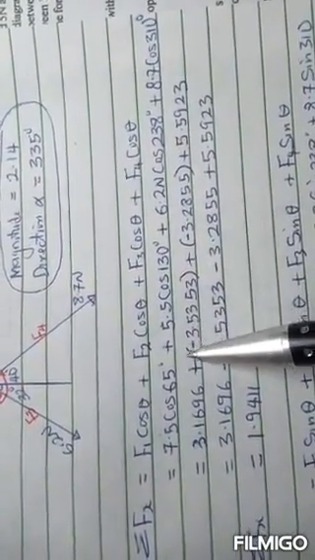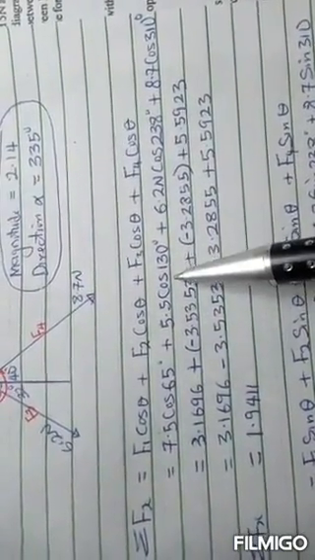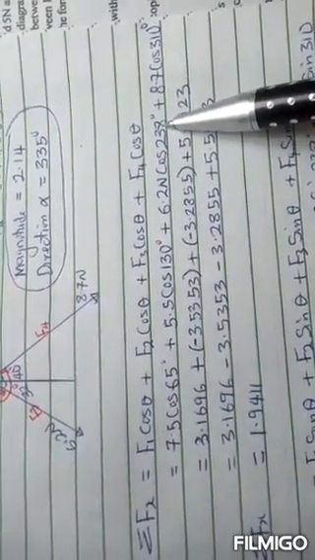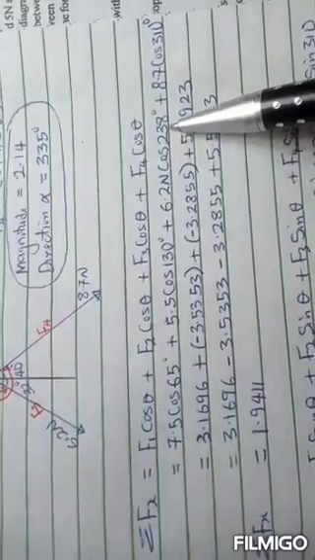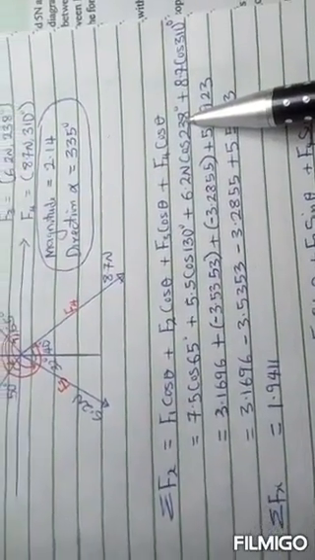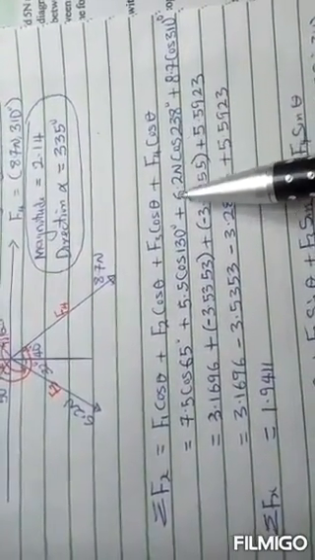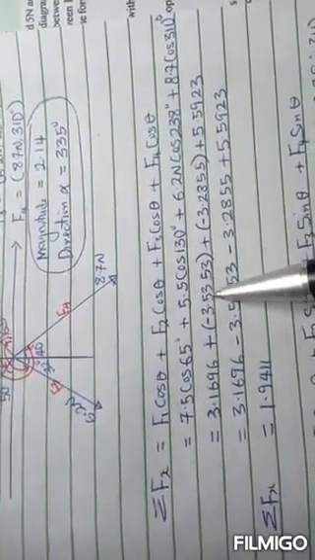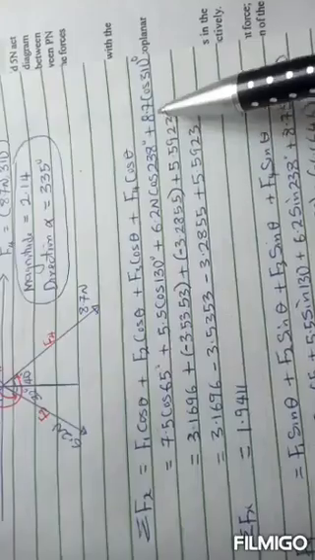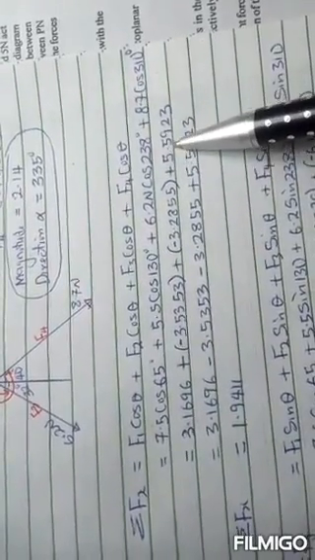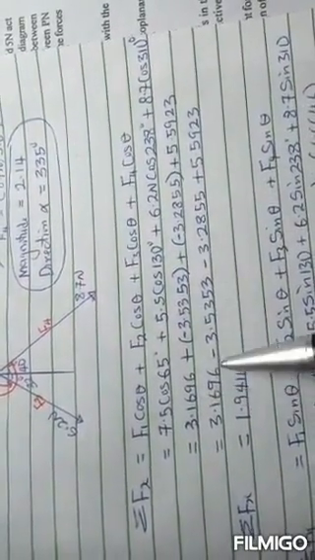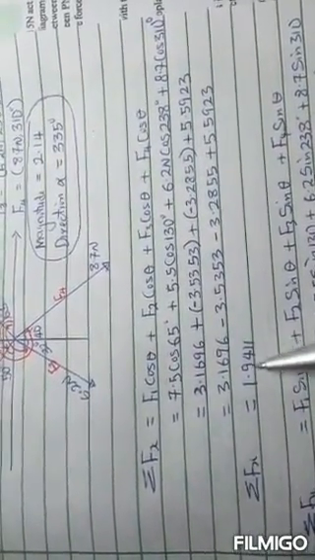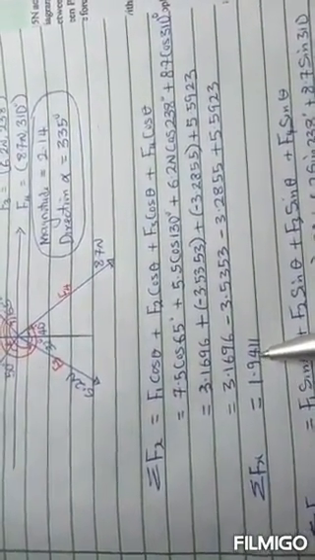You see that cos 130 is going to give you negative, and cos 238 is going to give you negative, because 238 is in the 3rd quadrant and cos is negative there. 130 is in the 2nd quadrant, cos is negative there. So their values are going to be negative. Cos 310 is positive, so the value is going to be positive. So when you compute carefully, the sum of the horizontal forces is 1.9411.